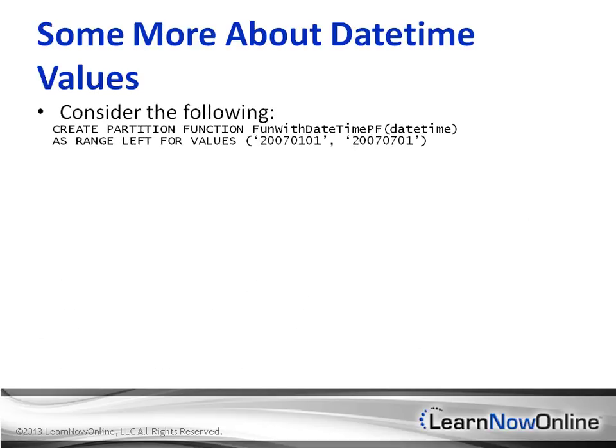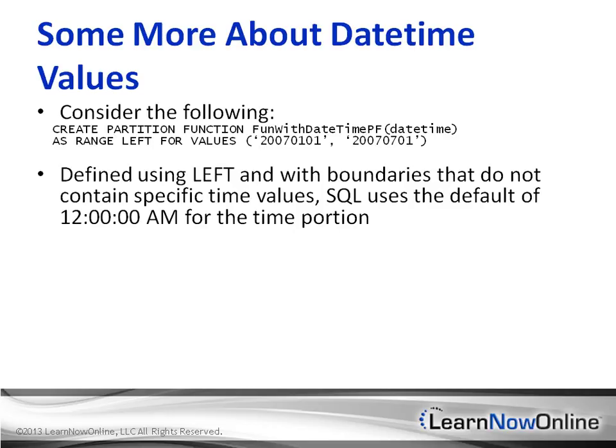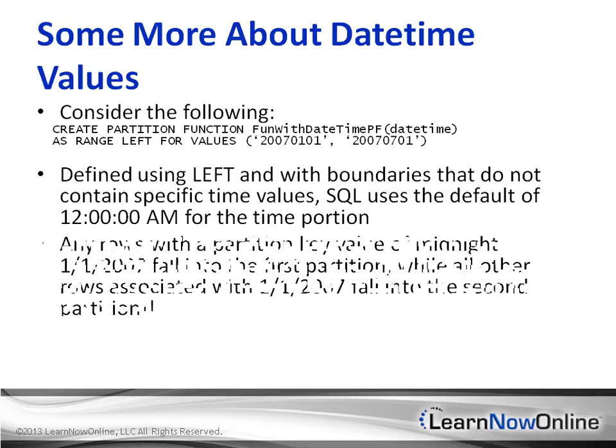Consider the following. Take a look at this partition function that we're going to define. We're going to define it range left, and we're going to place the boundary values as January 1st, 2007 and July 1st, 2007. Because we defined it using left, and the boundaries do not contain specific time values, SQL will use the default midnight as the time portion.